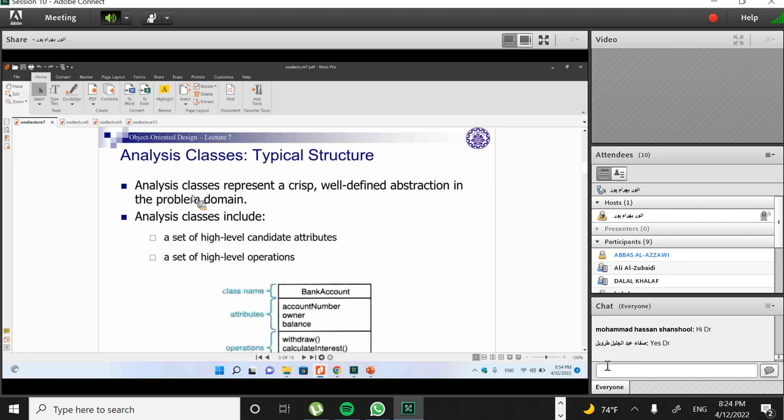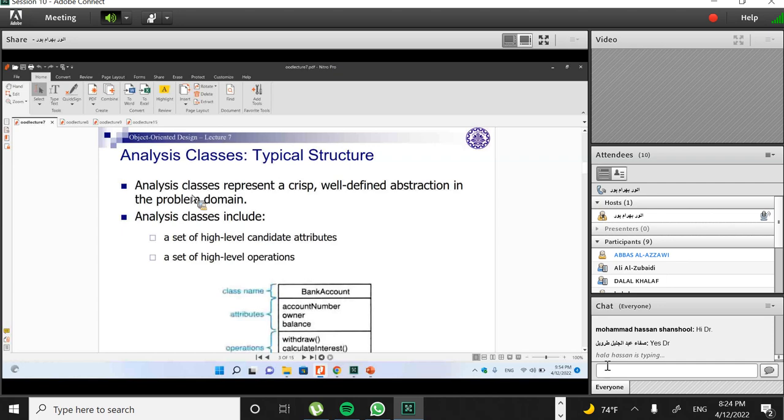For example, in the ATM case study, some analysis classes, as you know, are ATM screen, keypad, account number, banking database, transaction, withdrawal, and so on.